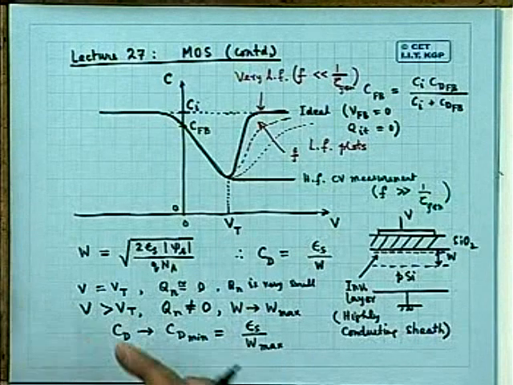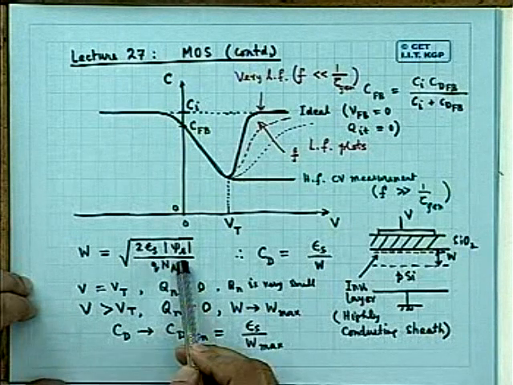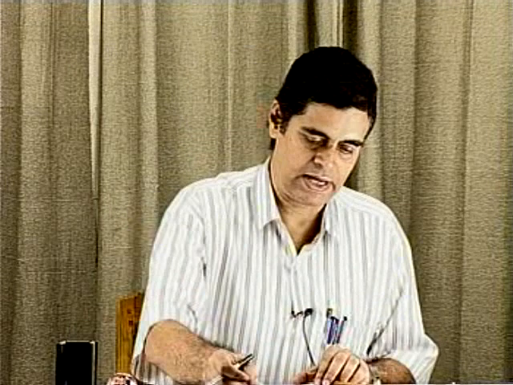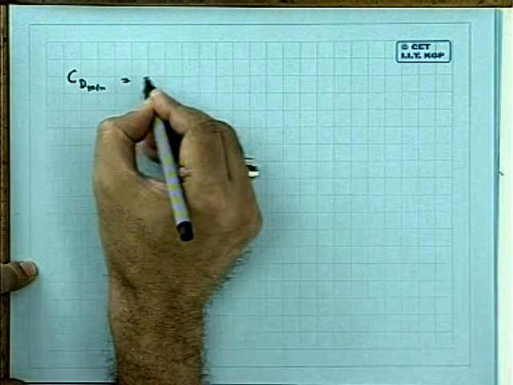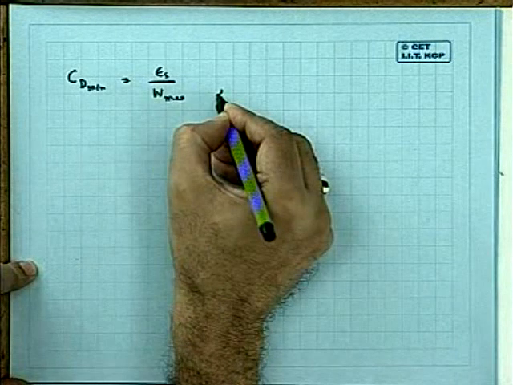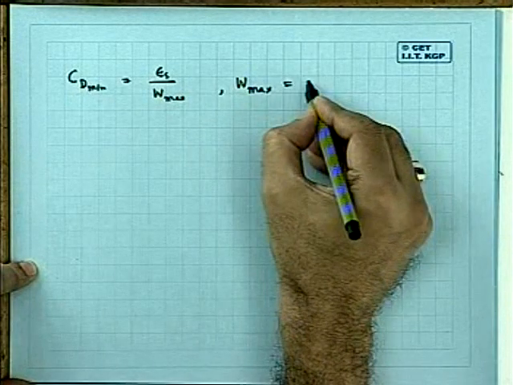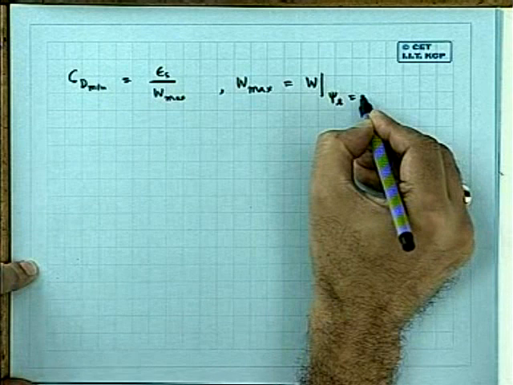That is, we have crossed the threshold when psi s tends to cross the value of twice phi f. Therefore, you see that our CD min is equal to epsilon s by W max, where W max is equal to the W when psi s is equal to twice phi f.